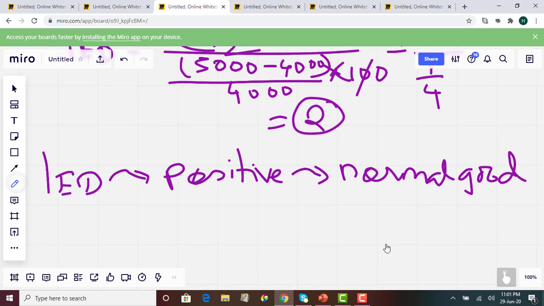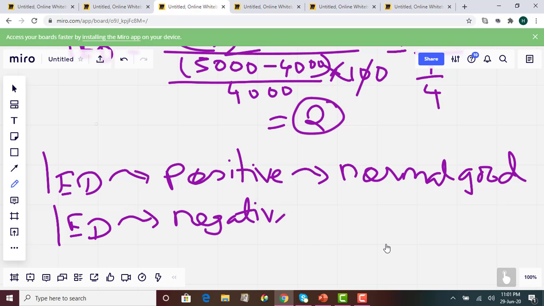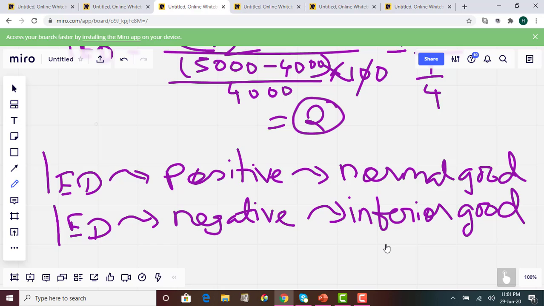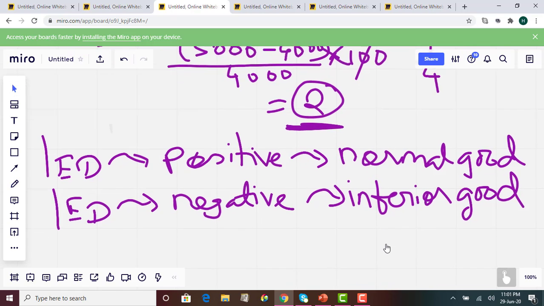In the case income elasticity of demand is negative, that is an inferior good, because if your income goes up, you're going to demand less of these goods such as used cars or used clothes, so the demand will go down. That's why it will be negative. You will get a negative number, so it can be a negative number as well.